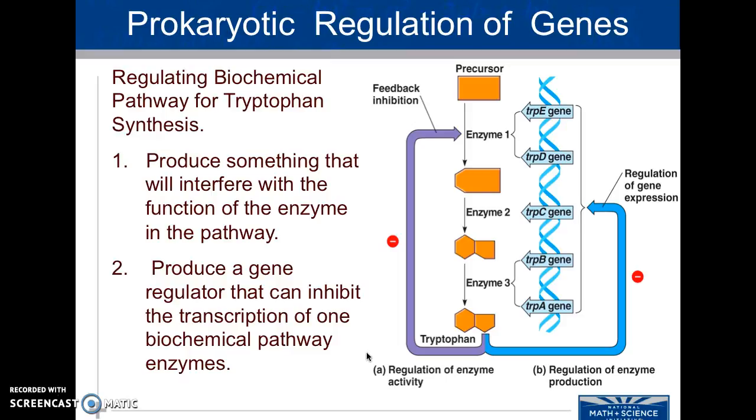When we talk about regulation, what we are looking at is, how do I slow down or stop the production of an enzyme? Because otherwise it will continue making that protein. Again, the two ways are that it'll either produce something to interfere with the function of the enzyme, so once that enzyme tryptophan is made, it will stop it, or it will produce a gene regulator that stops the transcription altogether.